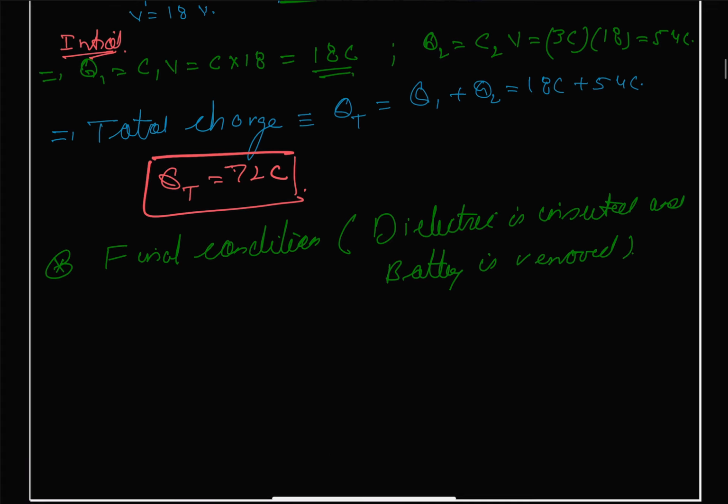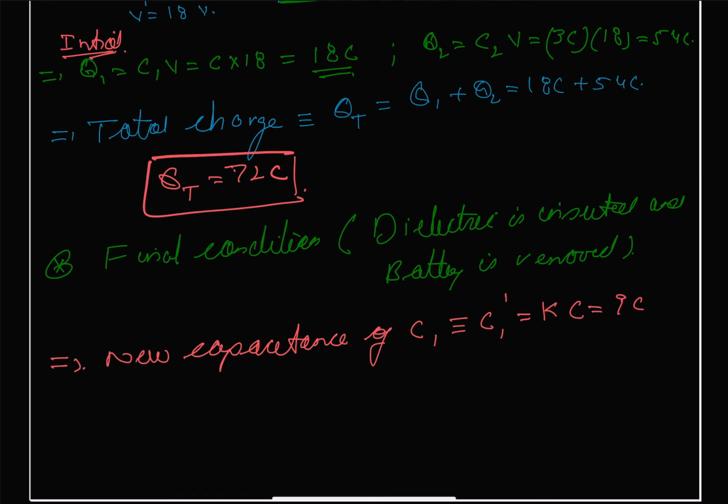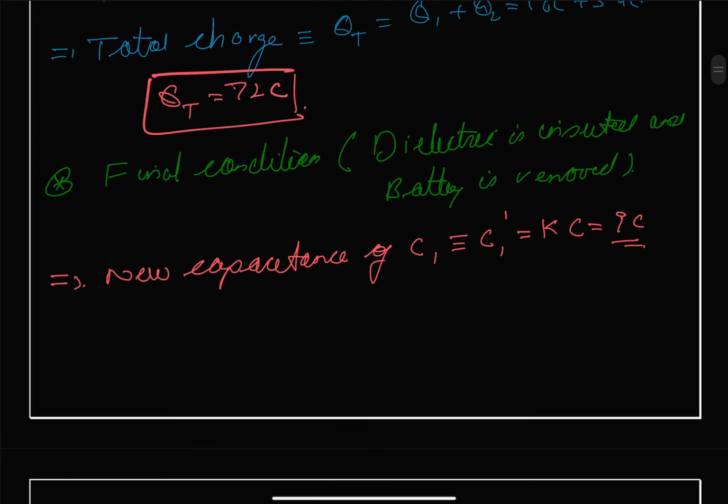Therefore we can say the new capacitance of C1, which we assumed is our C1 prime, will be equal to the dielectric constant multiplied by C, giving us 9 times C. And the capacitance of C2 is going to remain the same because there is no dielectric in it.